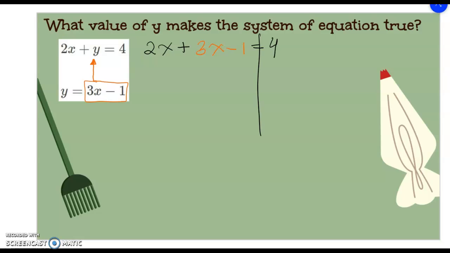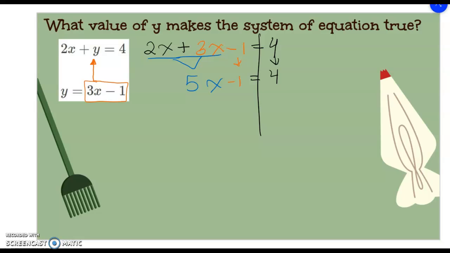So I need to combine any x's that are together. Oh look, 2x plus 3x is going to give me what? 5x. And then I'm going to bring down my negative 1, because I didn't do anything at all to it, and my positive 4.